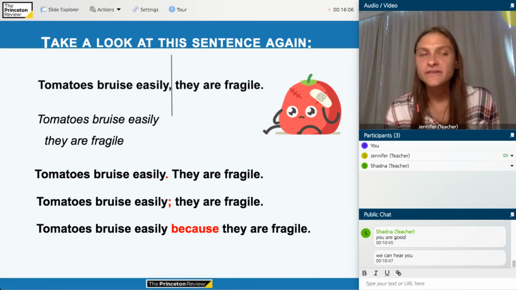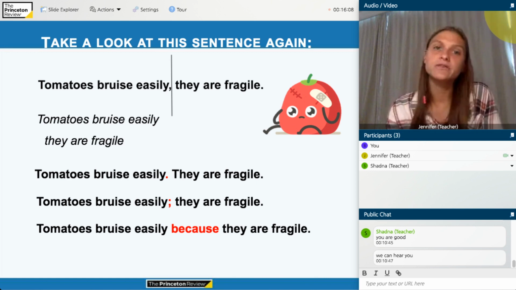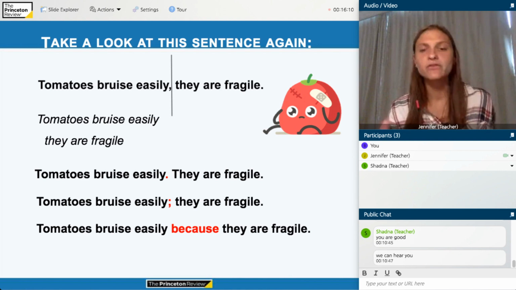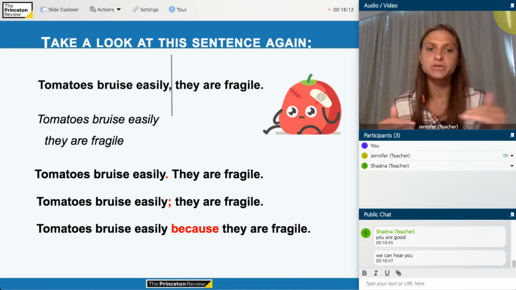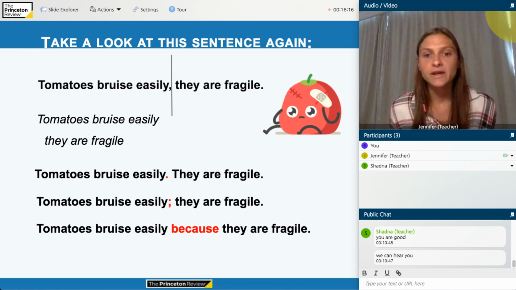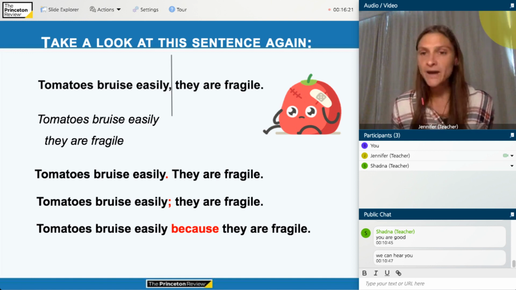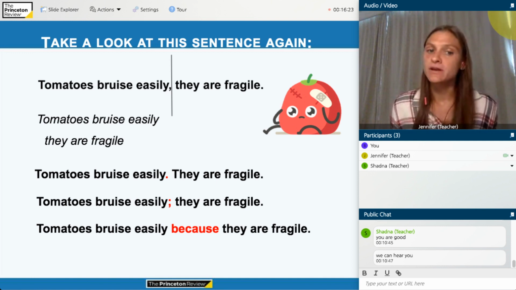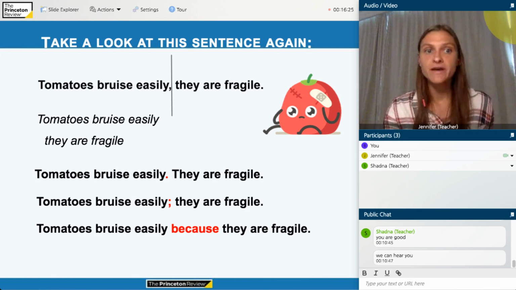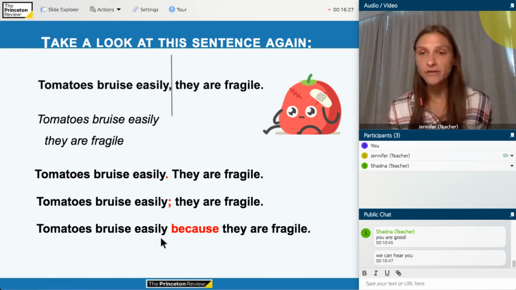But you wouldn't say, for example, tomatoes bruise easily, comma, yet they are fragile, because that's not showing the relationship. The two things go together. You could say tomatoes bruise easily, comma, and they are fragile, but that meaning is going to be a little bit different from the meaning of this last sentence, that they bruise easily because they're fragile.